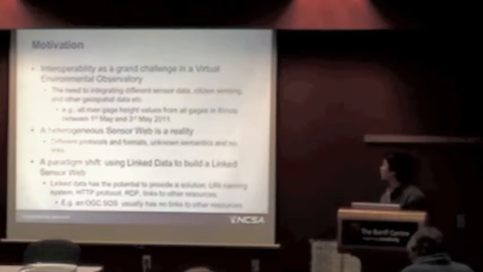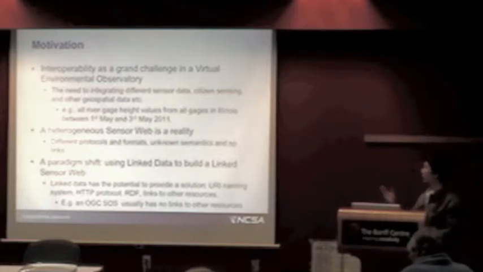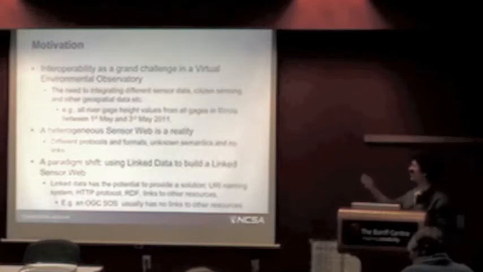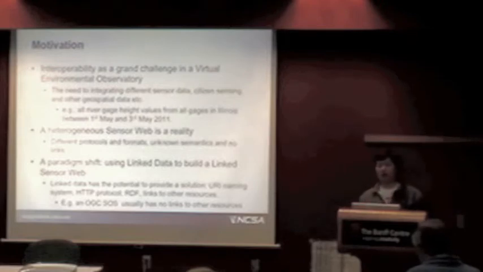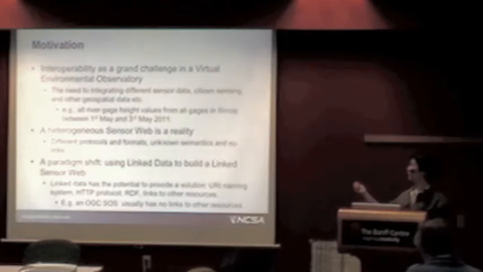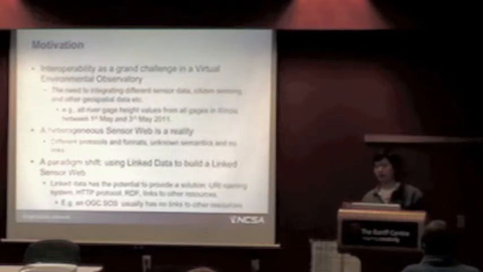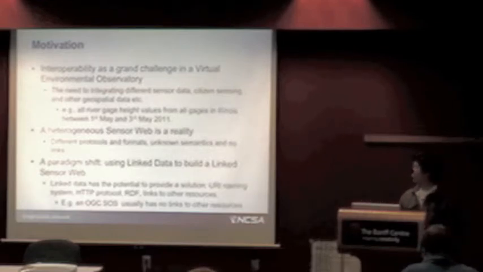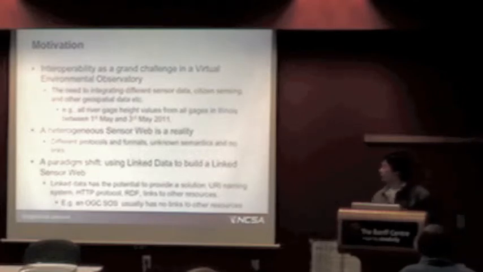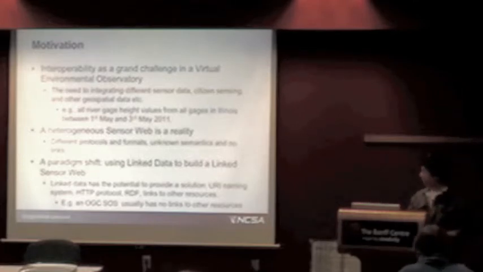Can you give me all the river channel height values from the sites in Illinois between this period? USGS provides us a RESTful service which we can use to query this data. But to do that, we have to do multiple queries and switch back and forth between different services, and we still need to do a lot of transformation and processing.